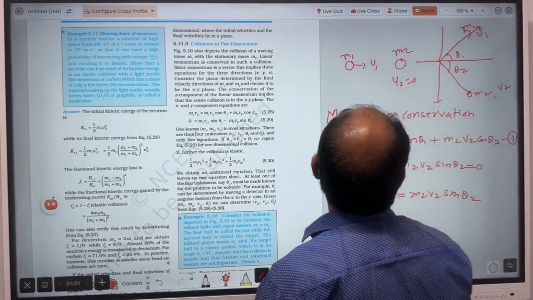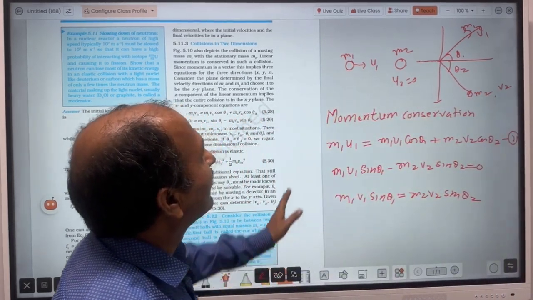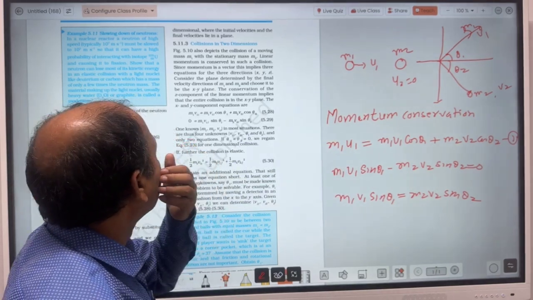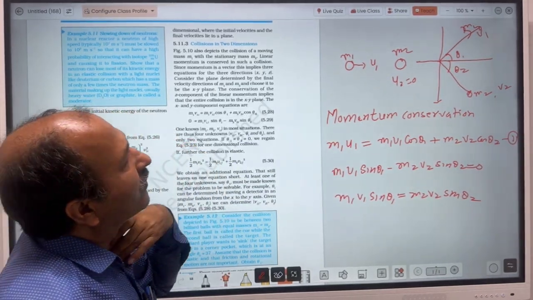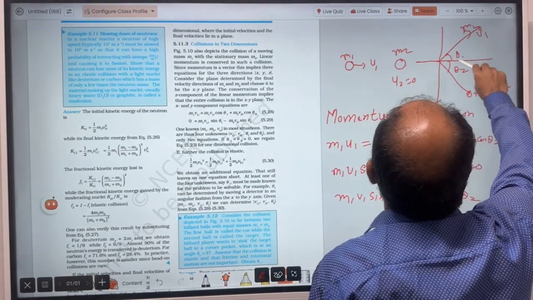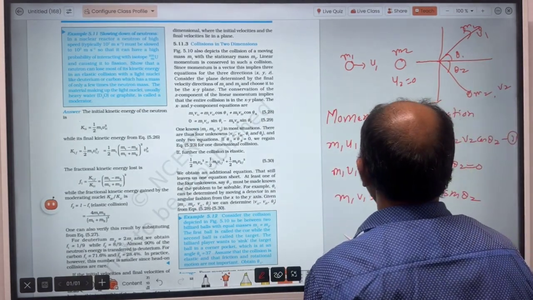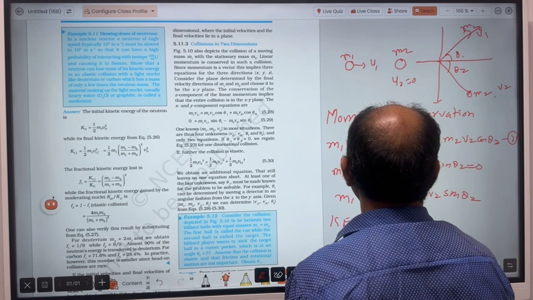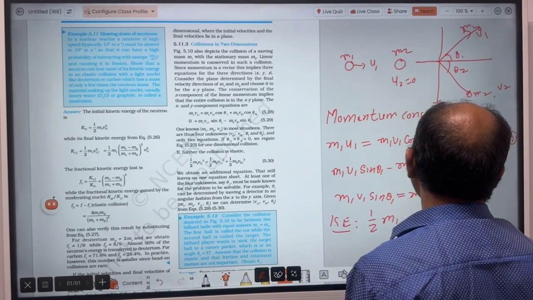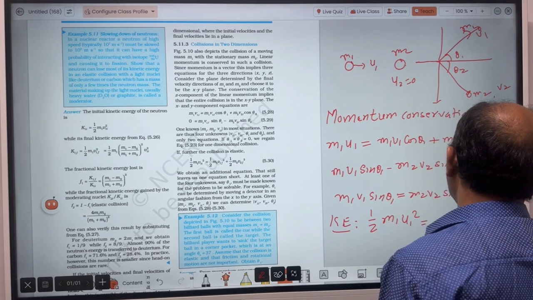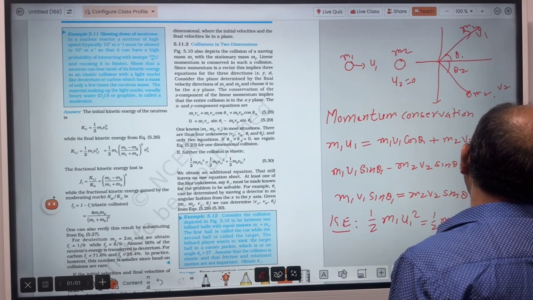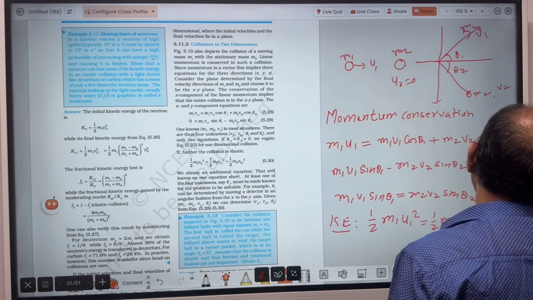Correct. And if you consider kinetic energy, what is the kinetic energy here? It does not matter, even after taking components and squaring, we will get the same result. So we can say the initial kinetic energy, 1 by 2 m1 u1 square, must be equal to 1 by 2 m1 v1 square plus 1 by 2 m2 v2 square.